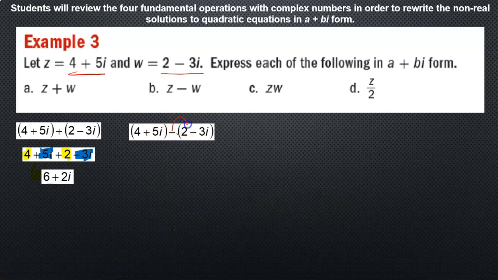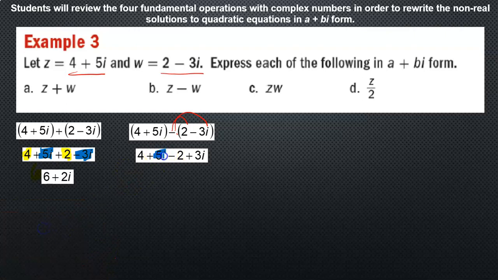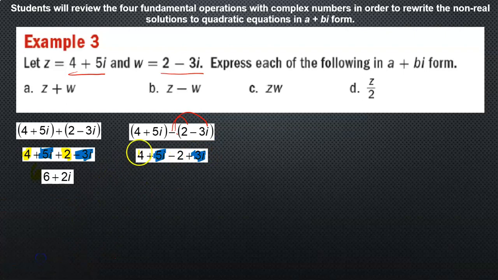So we have a negative 2 and we have a positive 3i because we distributed that negative. And we combine like terms again, same as before. Our constants go together and our i's go together. So this time it's 4 minus 2, which is 2, and 5i plus 3i, which is 8i.